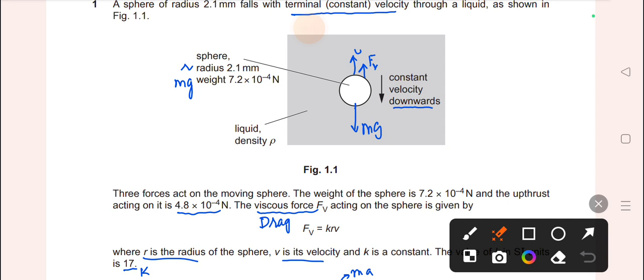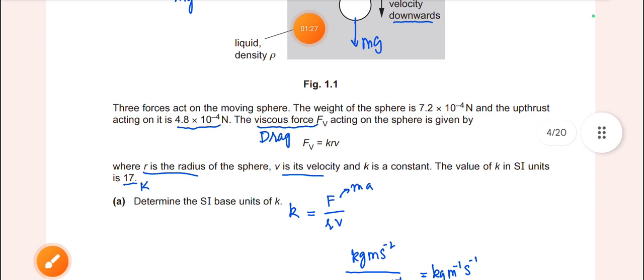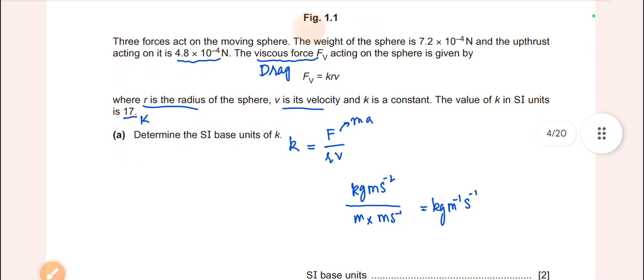The viscous drag, which is the water or liquid friction here, is given as a formula where r is the radius and v is the velocity and k is a constant. State the value of k in SI units. It's 17.